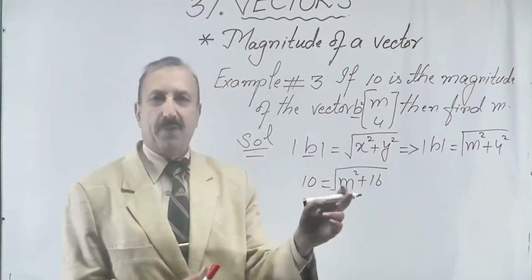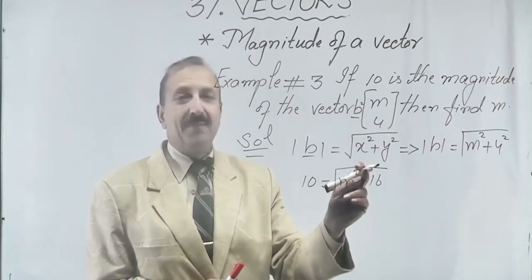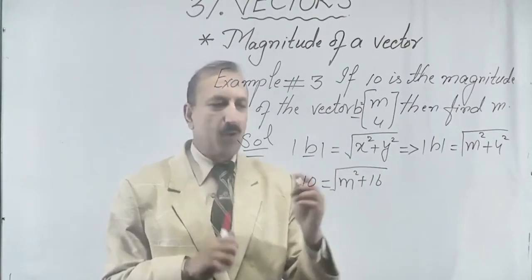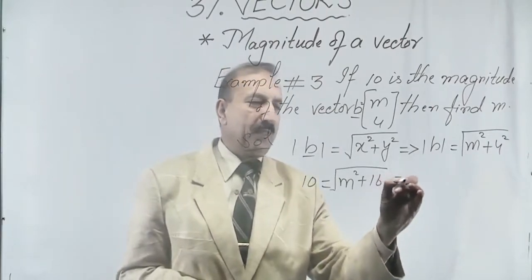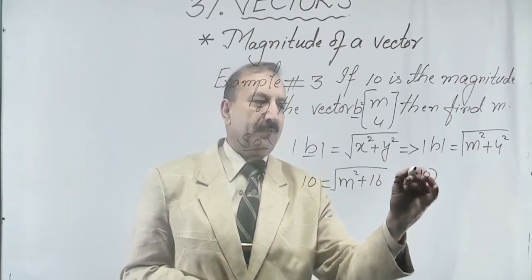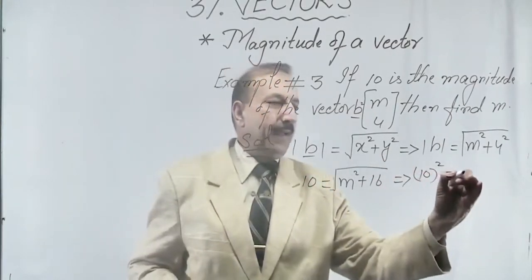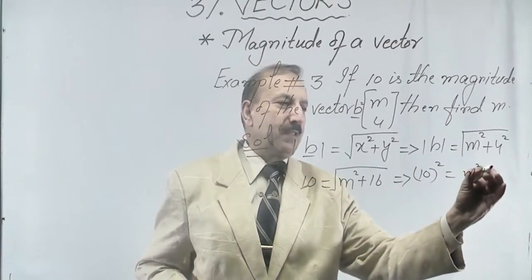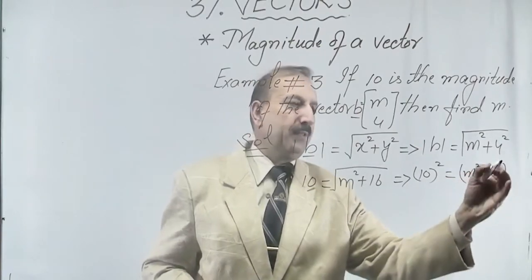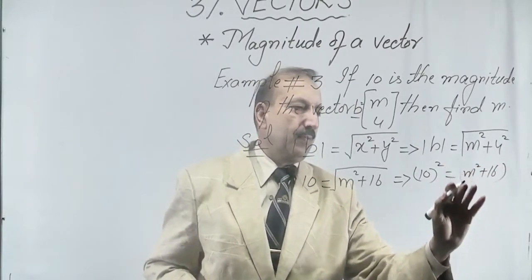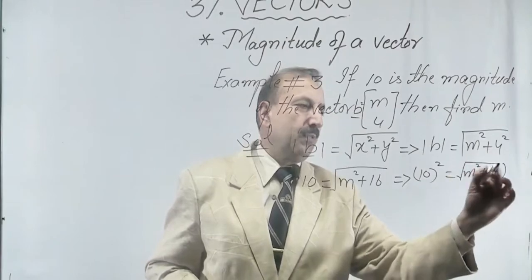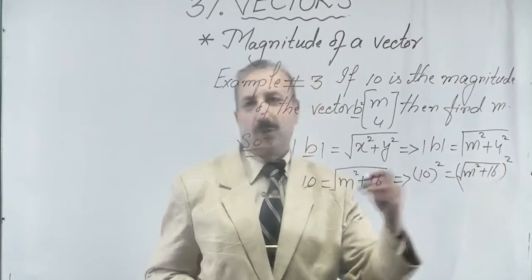Now because we want to find m here, we will eliminate the square root by taking the square on both sides, and this will be 10 square, equal to the square root of m square plus 16, whole square.